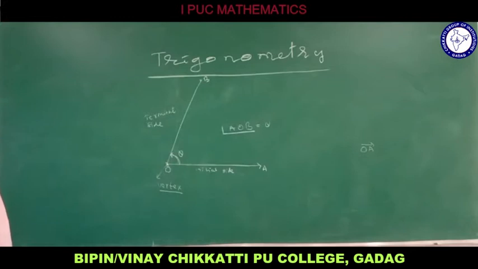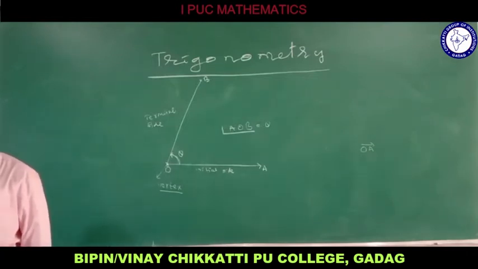Basically, when the initial ray OA rotates about its one end, here the point O, and takes the final position, that is OB, we say that angle AOB has been formed.